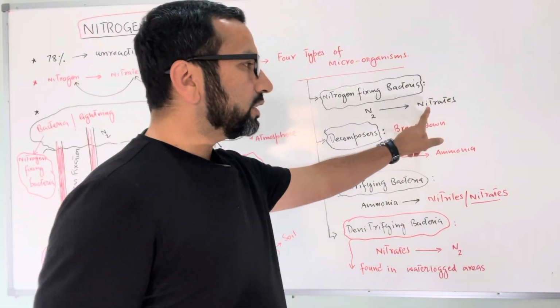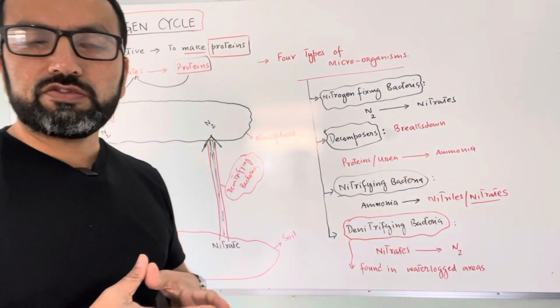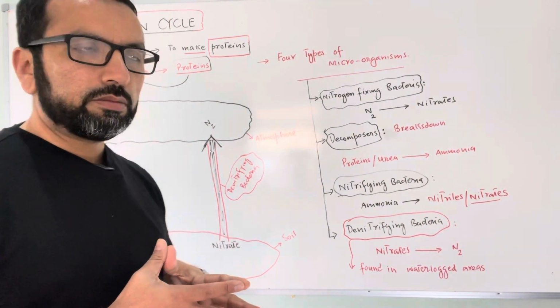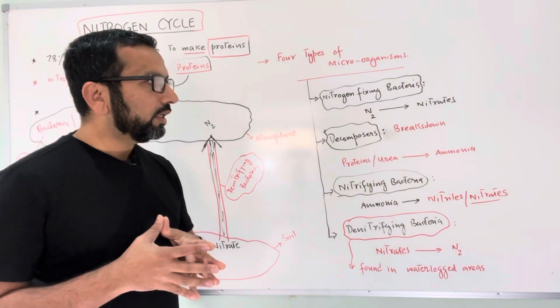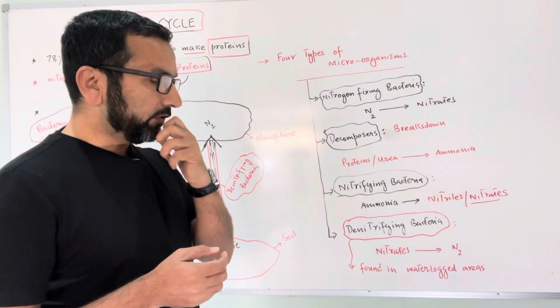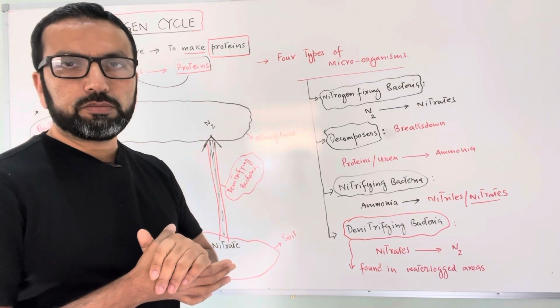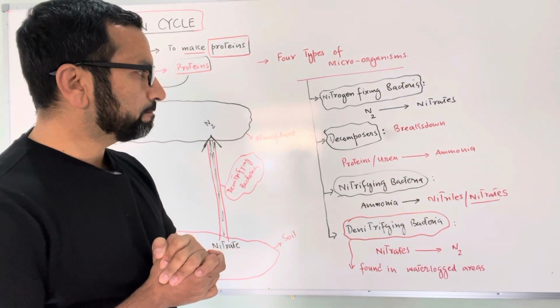So nitrates are a group of compounds which is very important for plants for their better growth and for repairing of body cells.